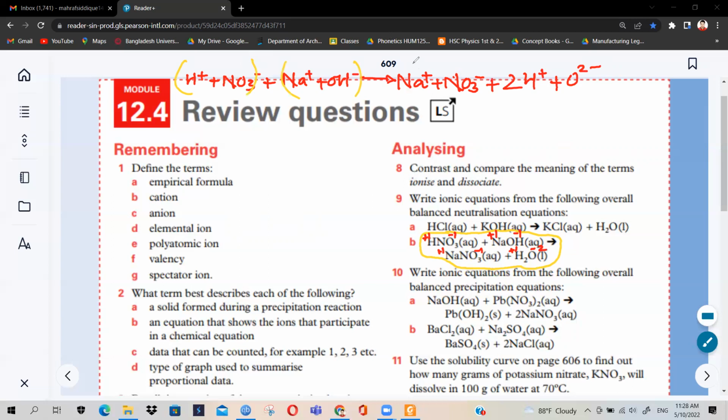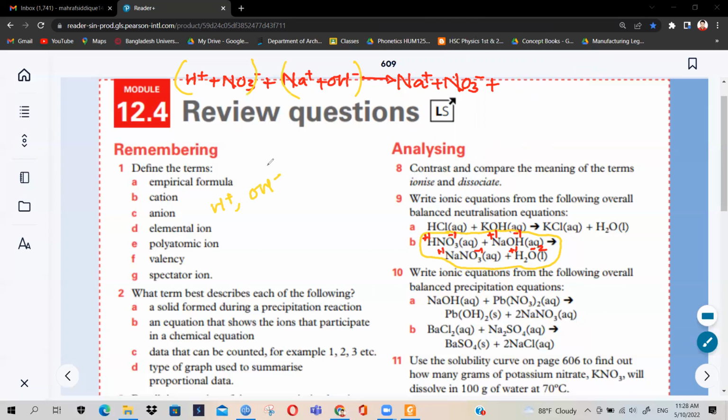Now, here's a thing. Other than writing 2H plus, it's better if we write this. Just a little correction. How is water formed? Water has two ions, right? One is the hydrogen ion and the other is the hydroxyl ion.